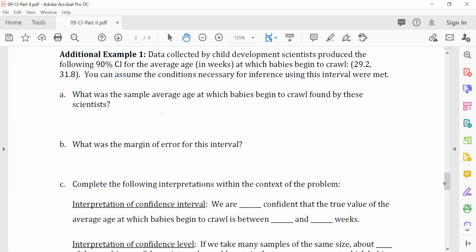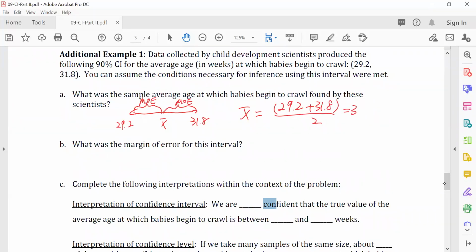Remember, when we calculate the confidence interval, it is your X bar plus or minus your margin of error. So your lower bound is 29.2, your upper bound is 31.8. So your X bar should be the average of them, over 2. This is 30.5 weeks.